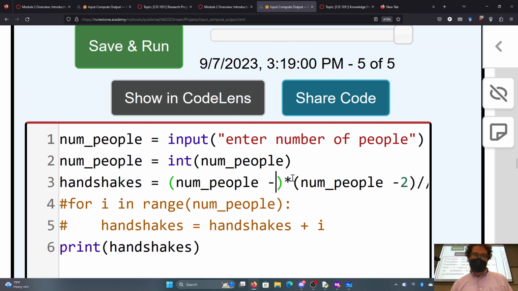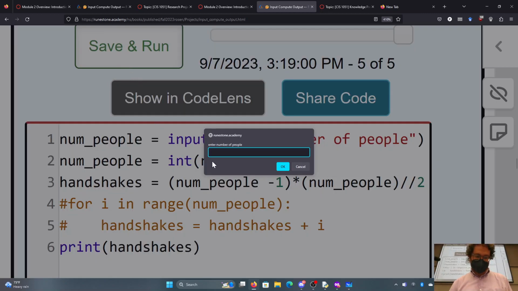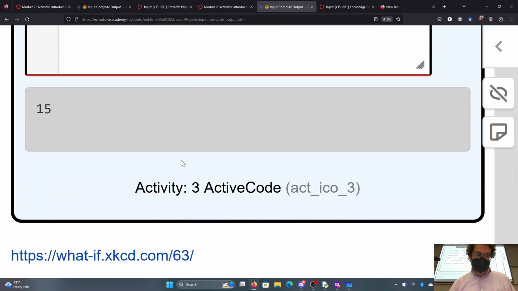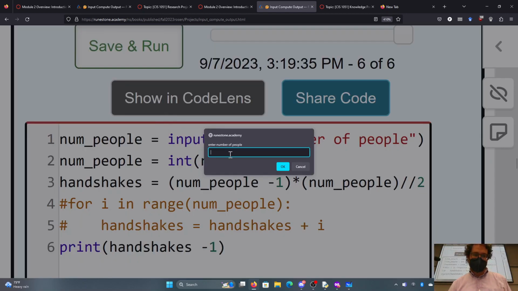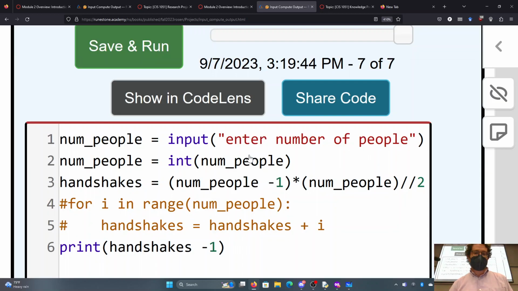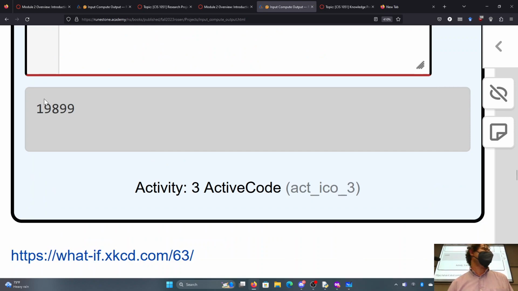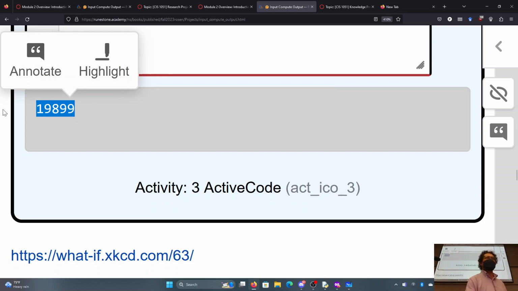Sorry, my bad, I mismemorized the equation. There we go. That's the issue when you memorize things and don't look them up. 15 minus 1 for your own handshake. There we go. So, in short, with 200 people in the classroom, we would need about 19,000, almost 20,000 handshakes to go around.